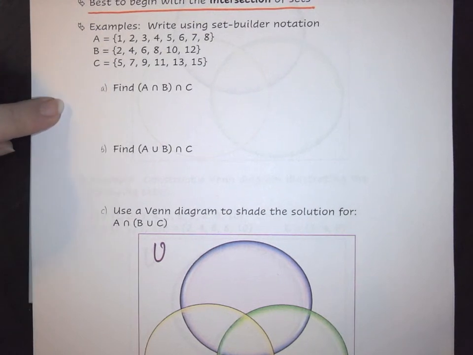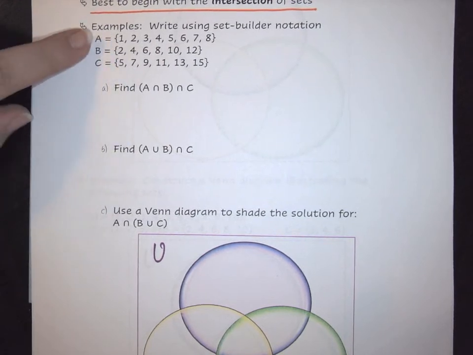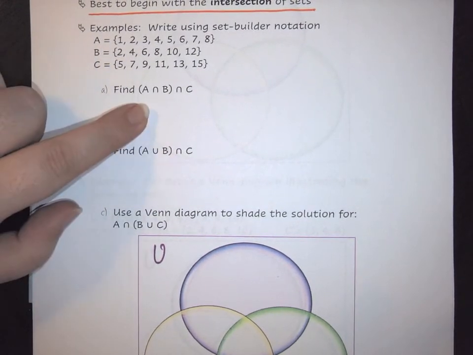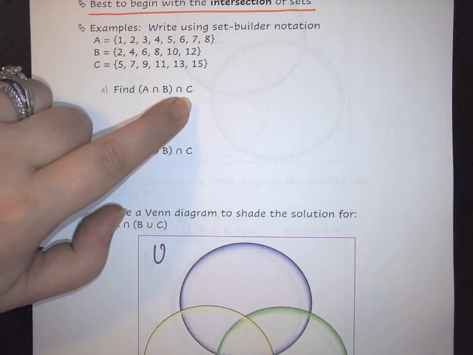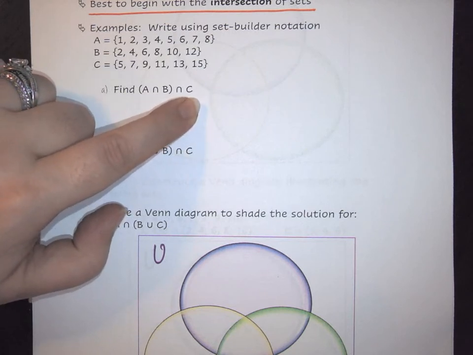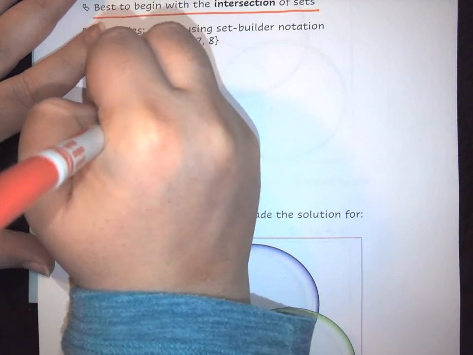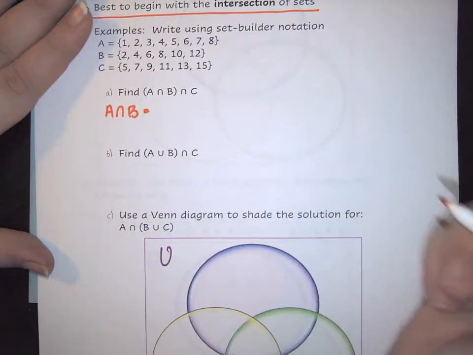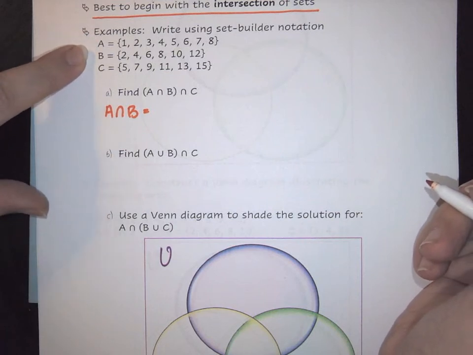So here we have A, B, and C, and I want to find A intersect B intersect C. So the first thing I need to look at is A intersect B. So I'm looking at A and B, and I'm looking for just the values that they have in common.